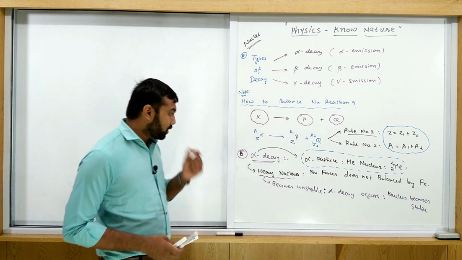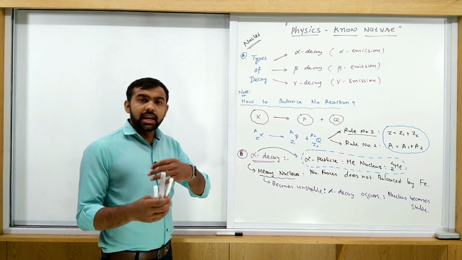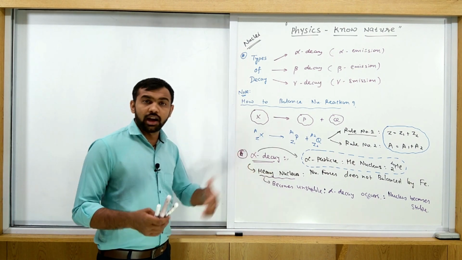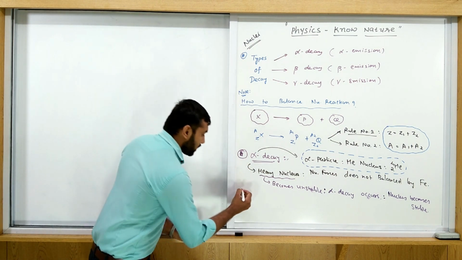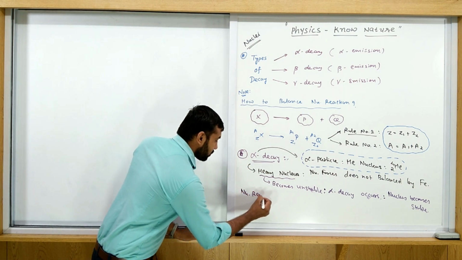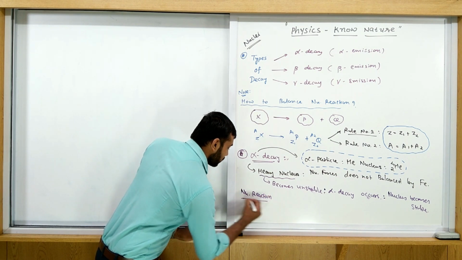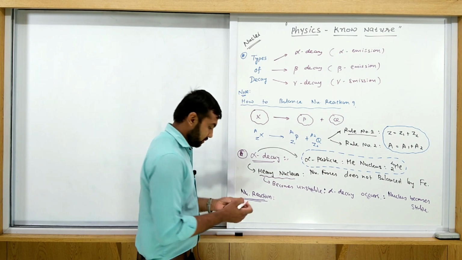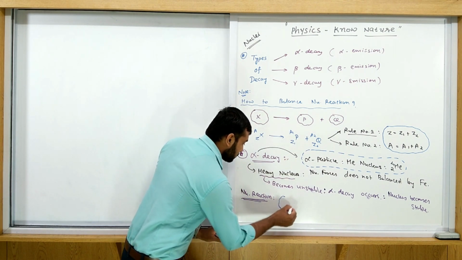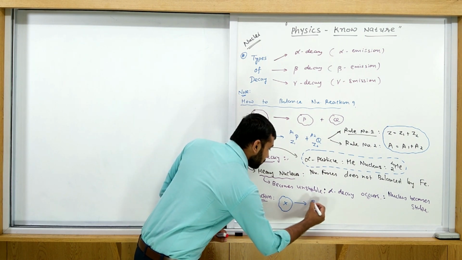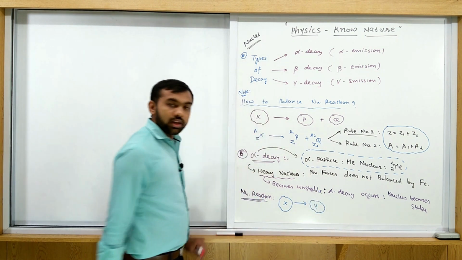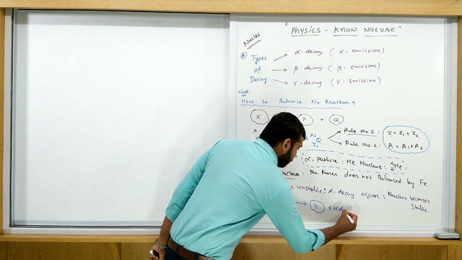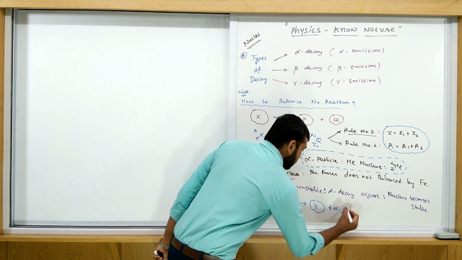So let's write a nuclear reaction for the alpha decay. Suppose any heavy nucleus X is converted into Y due to alpha decay. How do we write the nuclear reaction for this? Consider any heavy nucleus X converted into another nucleus Y, and due to this process the alpha particle is released.